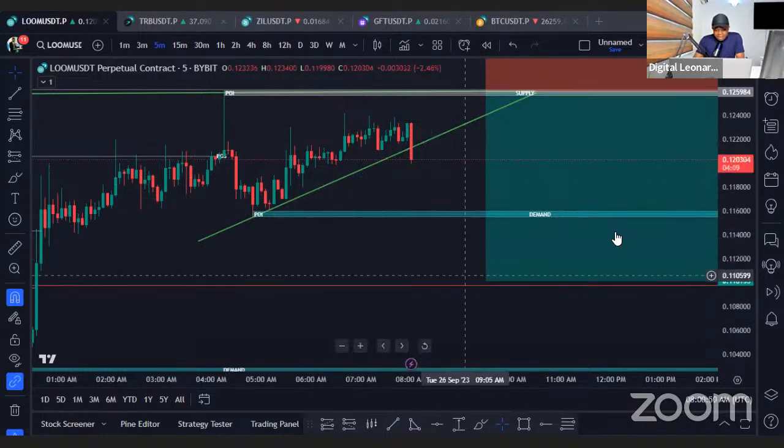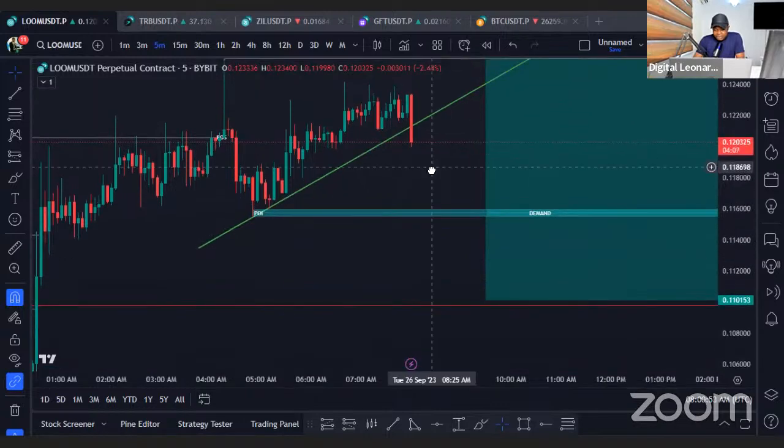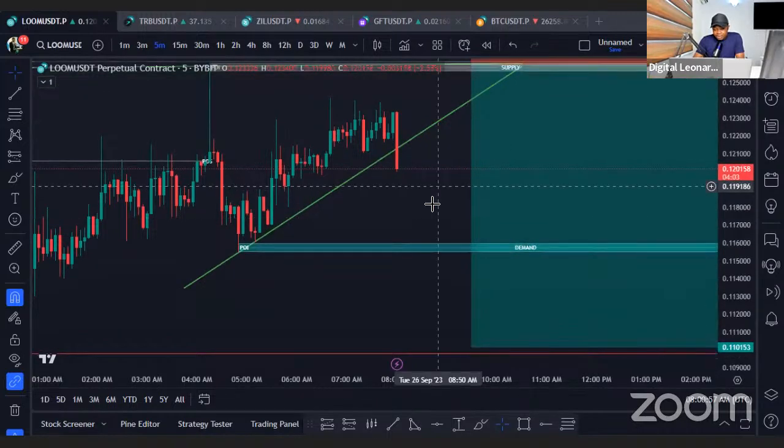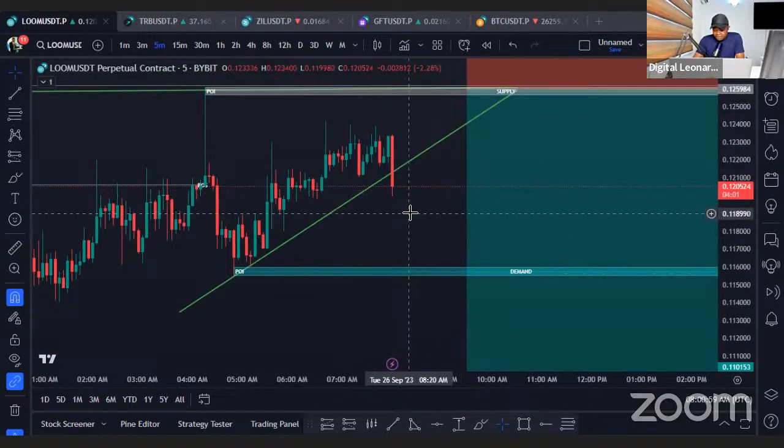Yeah, with this massive bearish candle here, guys, let's see, this candle will close in the next 4 minutes. At the close of that candle, let's see if we can immediately initiate a trade with market order. Let's see how that goes, guys.